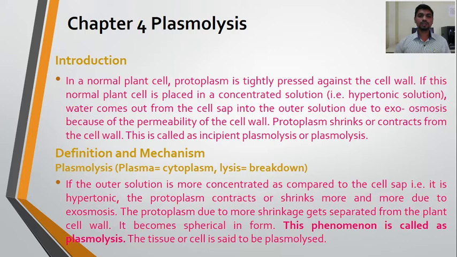The protoplasm, due to more shrinkage, gets separated from the plant cell wall. It becomes spherical in form. This phenomenon is called plasmolysis. The tissue or cell is said to be plasmolysed.